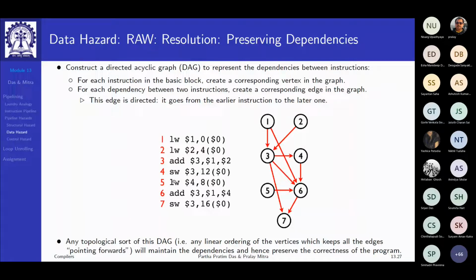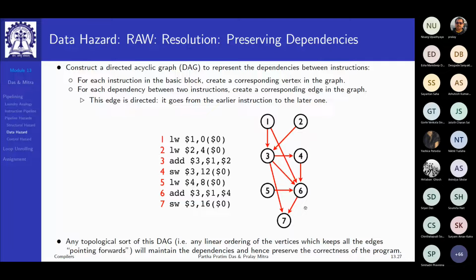In terms of 4, it is storing $3, and 6 is actually overwriting $3. So you have a dependency there. Similarly, in instruction 5, we have $4 being loaded, which is used in instruction 6.